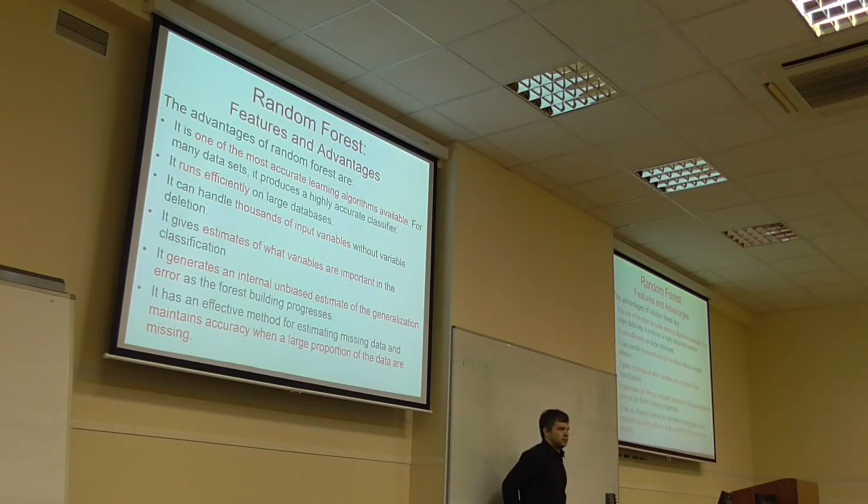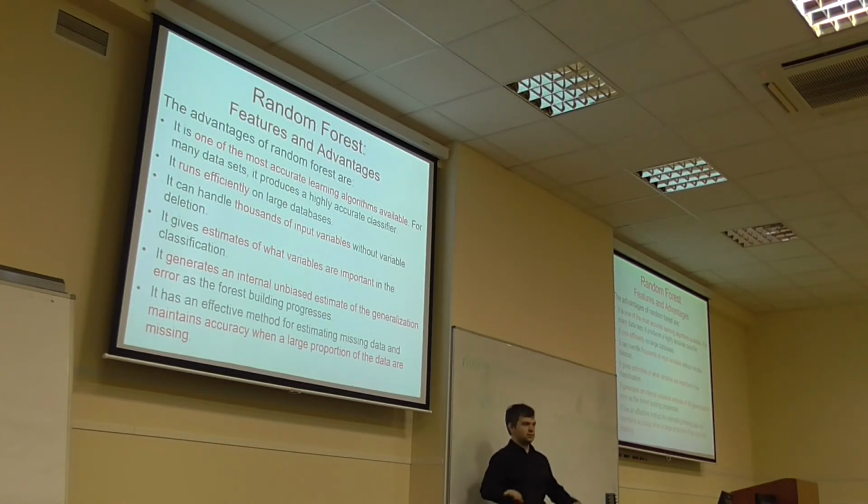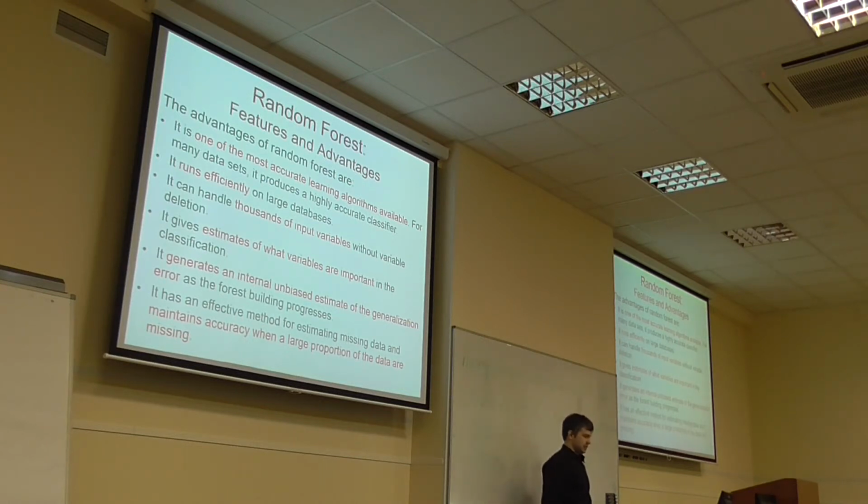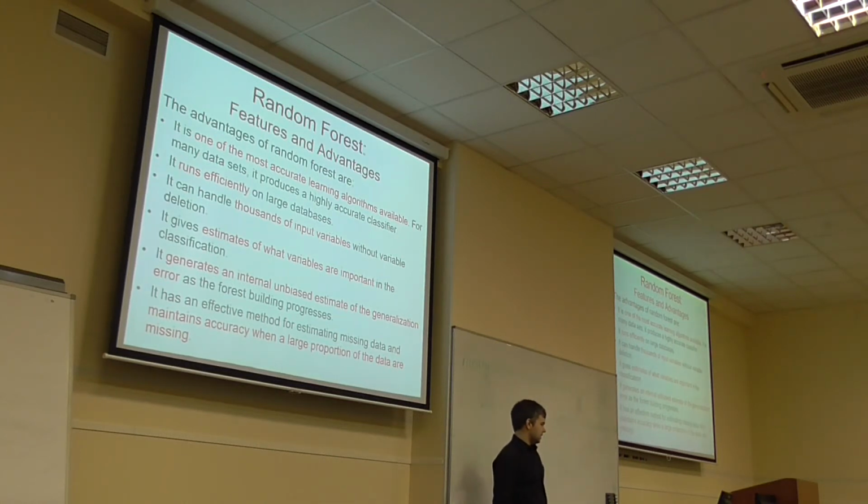So each of them doesn't suffer, and the whole thing doesn't suffer from high dimensionality. It can also give us insights about which variables are important, and give us an estimate of generalization error, and it maintains accuracy even in the case where some data is missing.